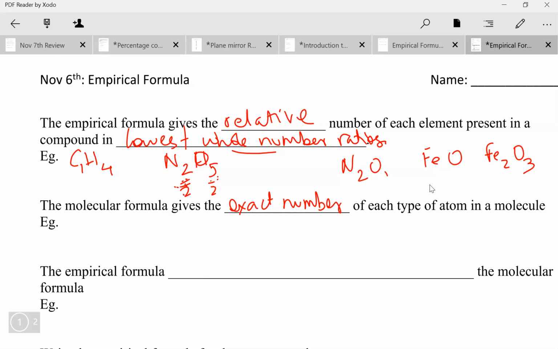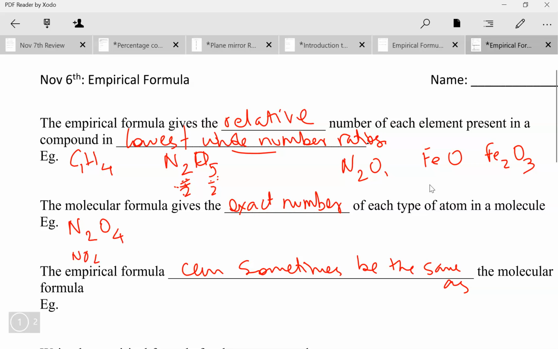So the empirical formula can sometimes be the same as the molecular formula. An example of that: molecular formula examples are things like N2O4, where this can be reduced to NO2, but the actual molecule present is N2O4.